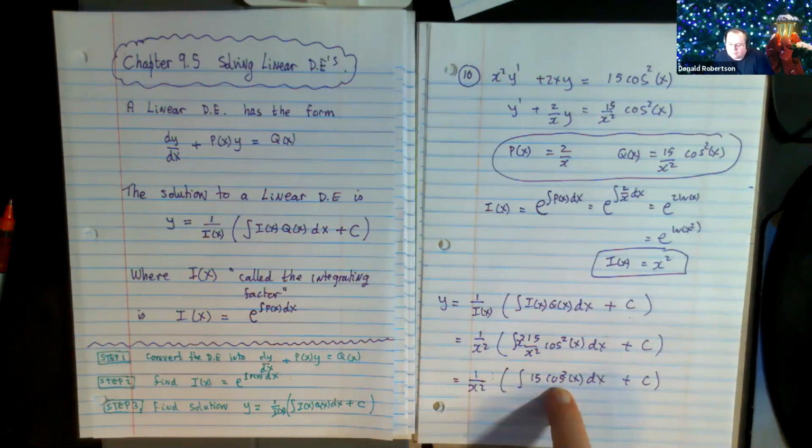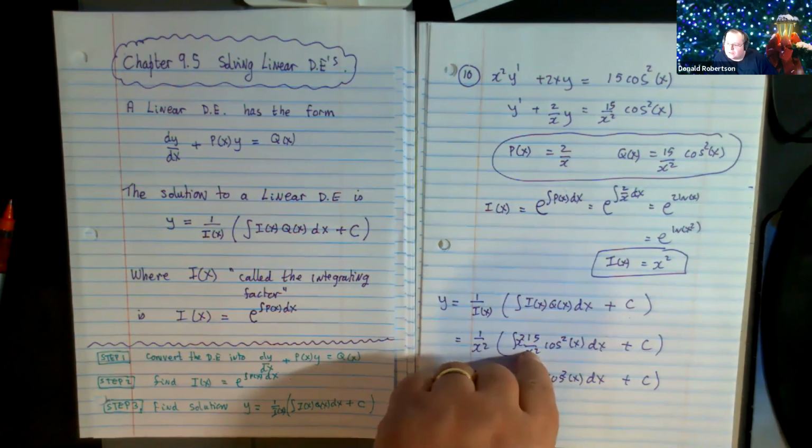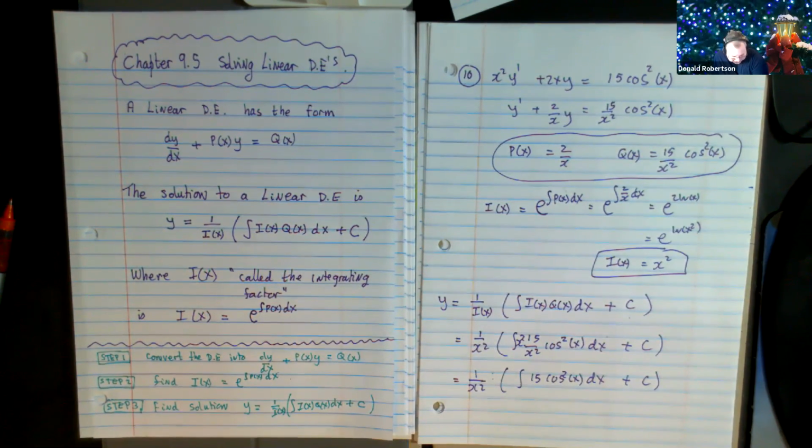It ends up just being 15 cos squared, because this x squared, which is I of x, cancels out with this x squared here, and they go away, which we like.